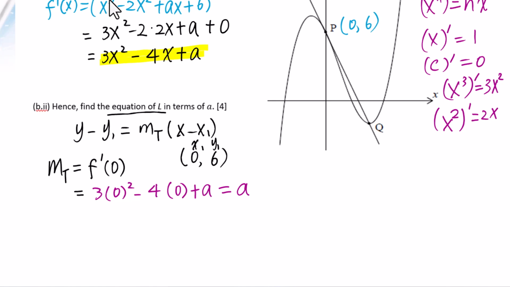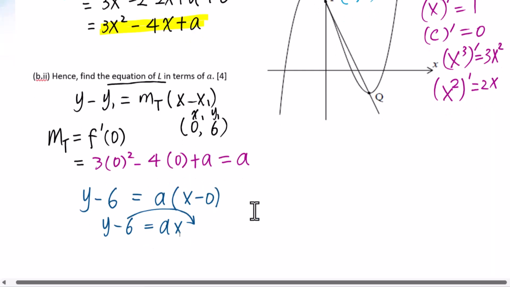So we get y minus y1, which is 6, equals the slope of the tangent line, which is a, times x minus 0. Organize: y minus 6 equals ax. Add 6 to both sides.